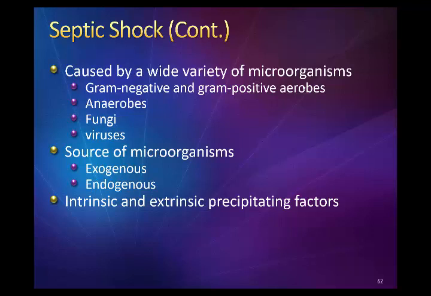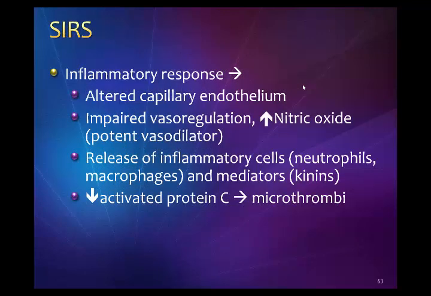Gram-negative is probably the most common that we see. I don't think it's really important that you know who's causing it, just to know that when a patient develops it, we have to survey these patients for risk factors, and we've got to treat them aggressively if they have it. So SIRS. SIRS is called the Systemic Inflammatory Response Syndrome. And what this is, it's an inflammatory response that occurs related to the microorganism gaining access into the blood.